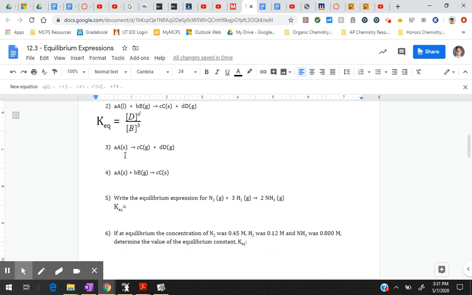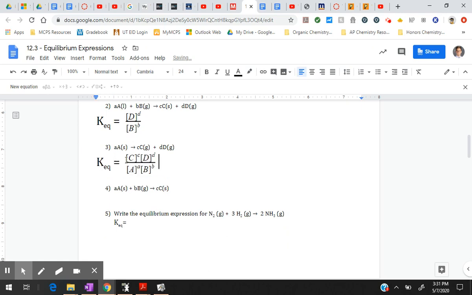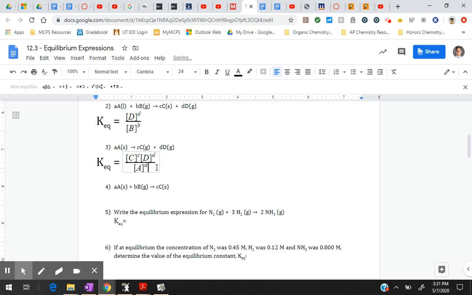Let's try the next one. In this next reaction, I have A, which is a solid. I don't have a B, so I can go ahead and get rid of B. I have C, which is a gas, and D, which is a gas. I do need to include my gases, but A is a solid, so that goes away. Well, I still have to have a denominator in my expression.